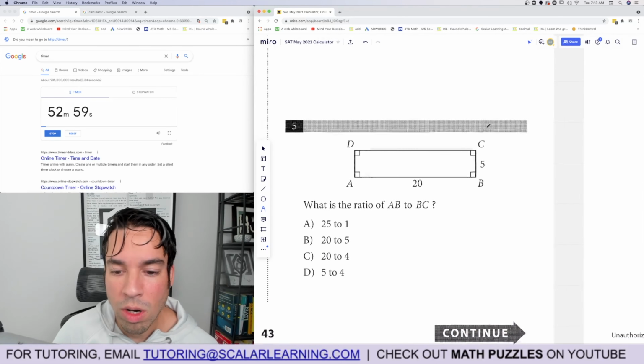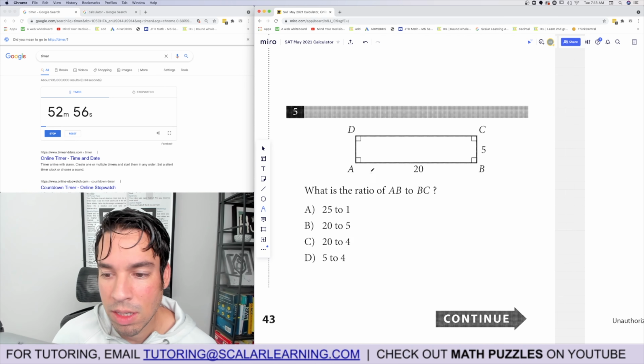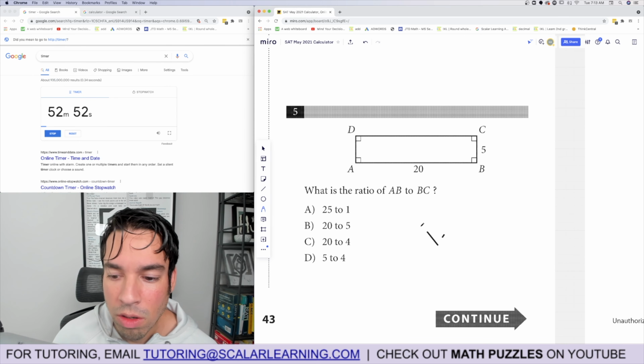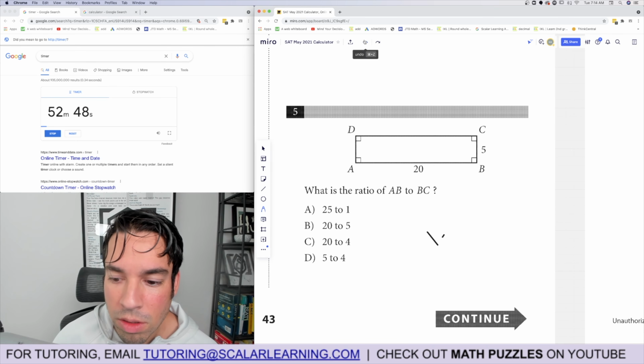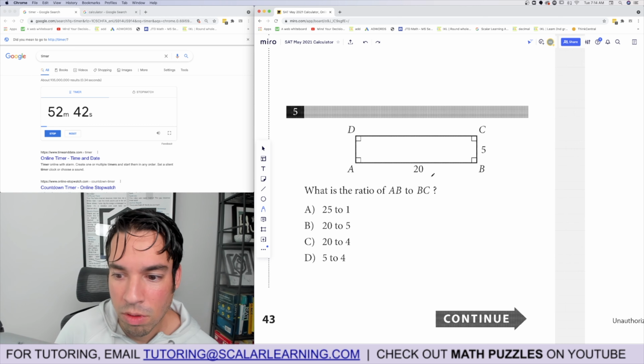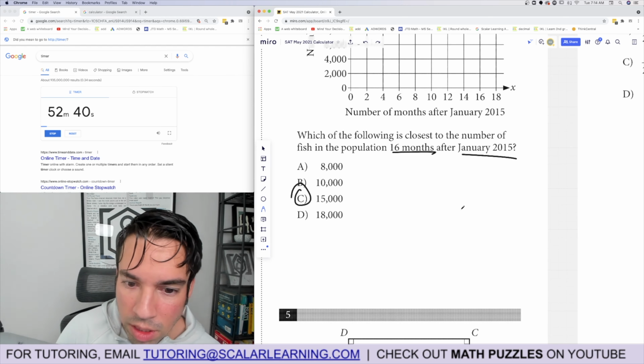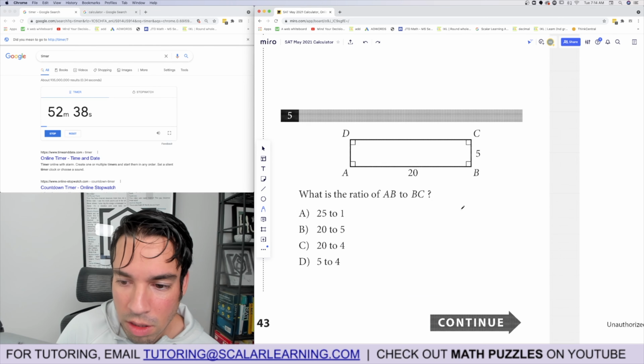Number 5. What is the ratio of AB to BC? AB to BC is 20. Oops, what's happening here? Oh, glitching. Sorry. Back up. I don't know why it's glitching like that. Come on, buddy. Whoa, it's really slowing down. Okay, come on, Miro.